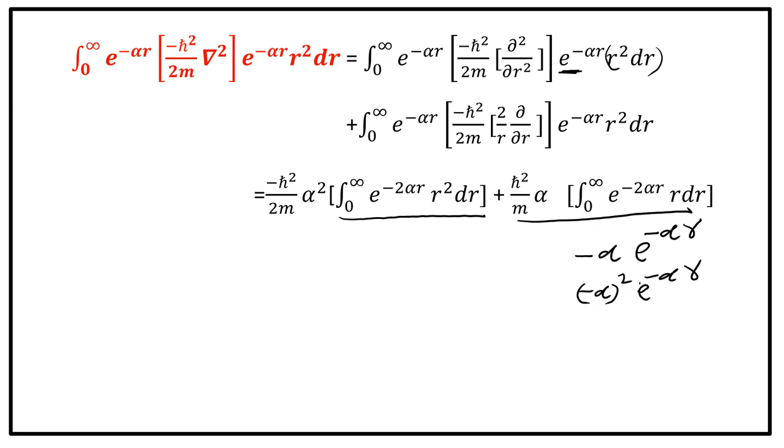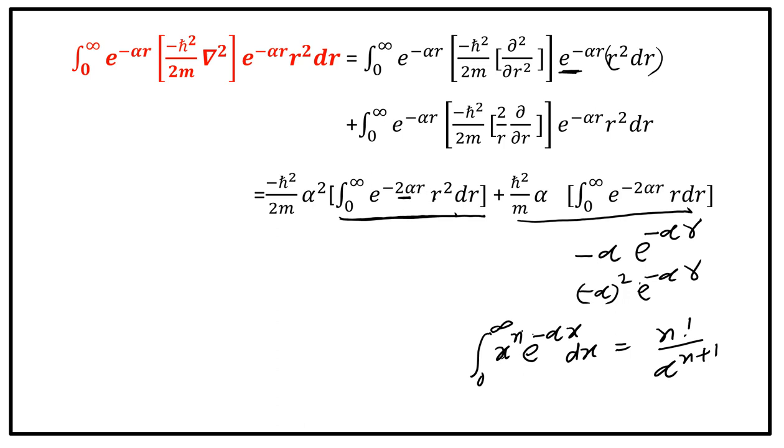Now again apply the formula integral 0 to infinity x to the power n e to the power minus alpha x dx is equal to n factorial upon alpha to the power n plus 1. In this term, r to the power 2 means n equal to 2 and alpha is equal to 2 alpha.